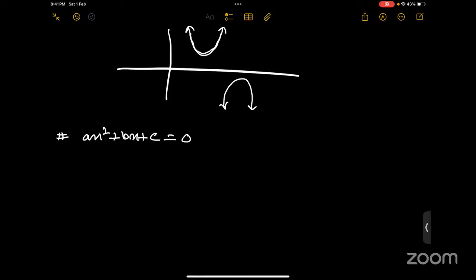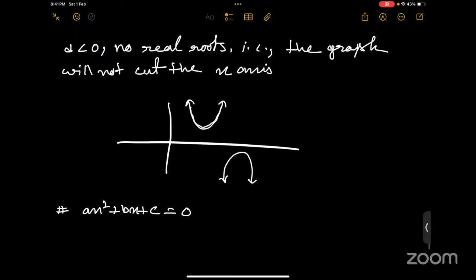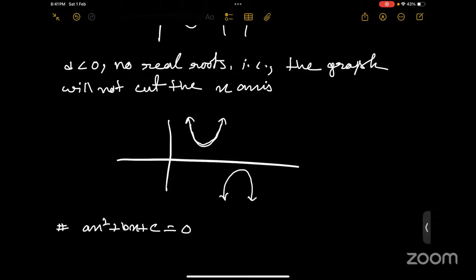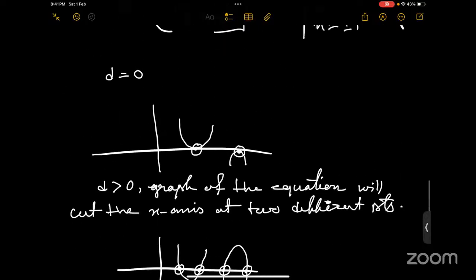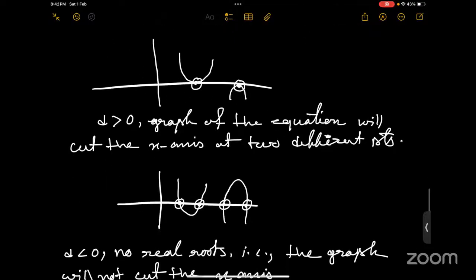Yeah, if there is a root, that means it will either touch the x-axis or cut the x-axis. If it touches the x-axis, that means repeated roots are there, and if it cuts the x-axis at 2 different places, then different roots are there.